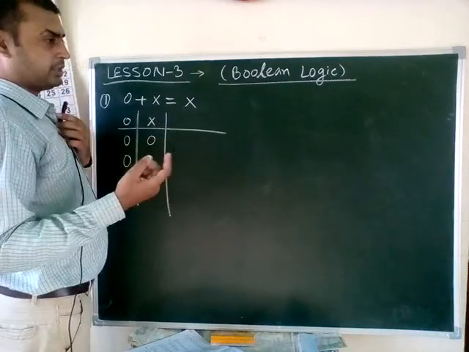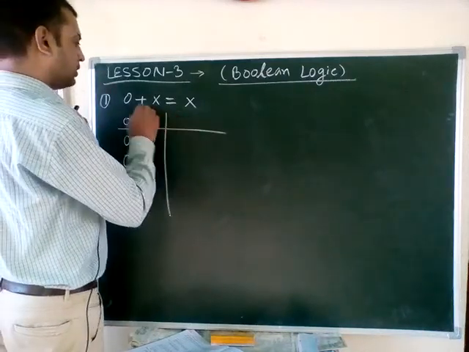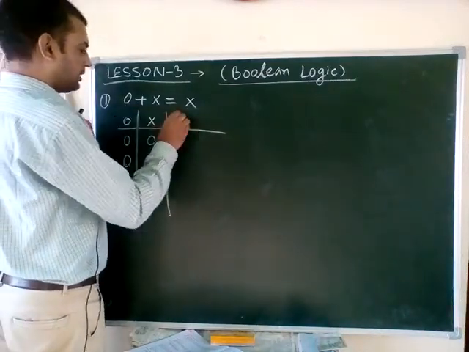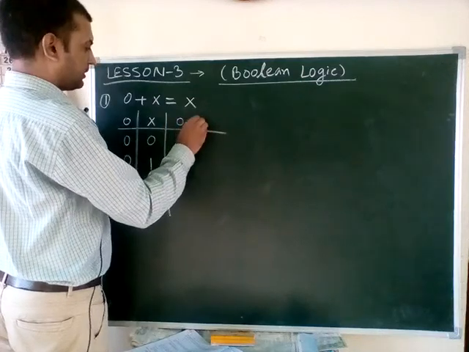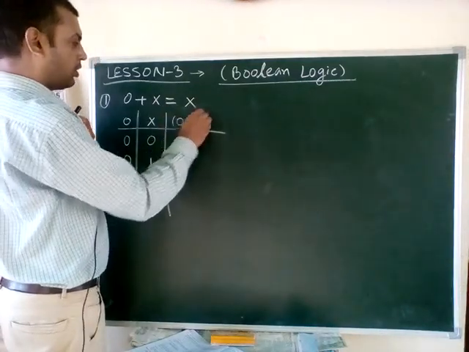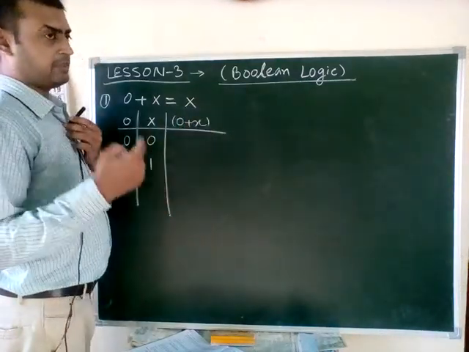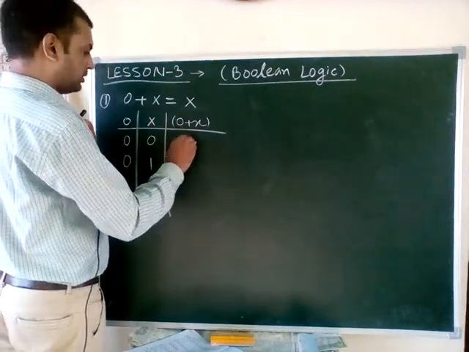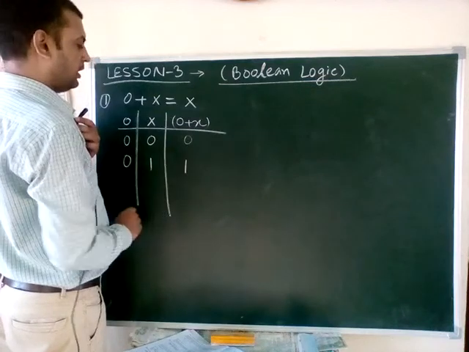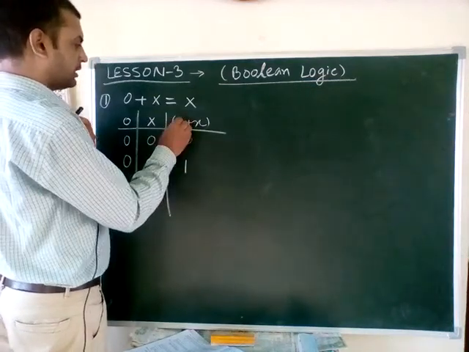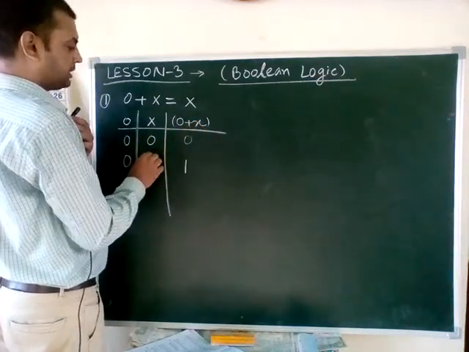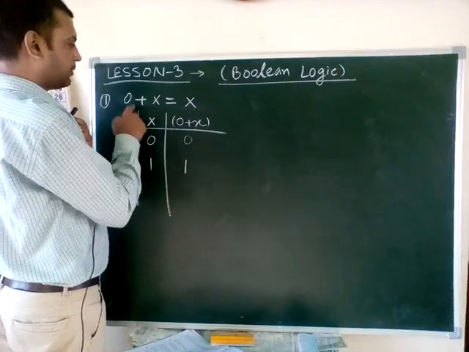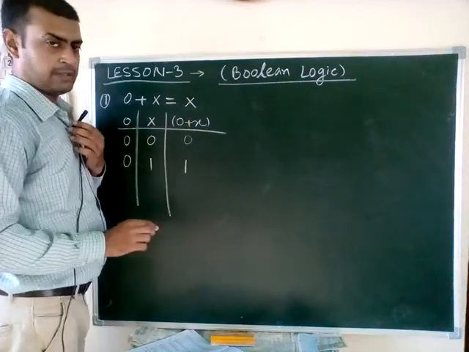For one variable only two conditions are there. So if we have to find 0 plus x, 0 plus x means OR logic we will apply. OR means if any 1 is there then we will give 1. So no 1, here 1, and you can see this 0 plus x is equal to this x. That's why we have written 0 plus x is equal to x.